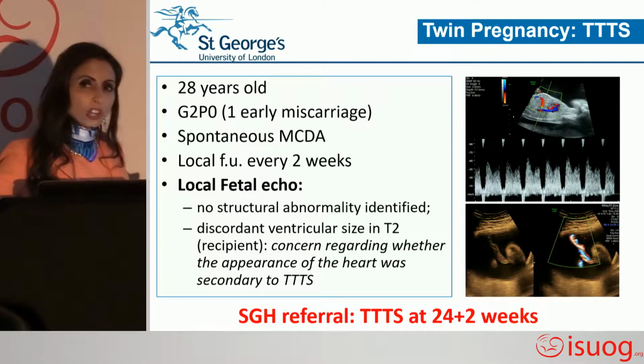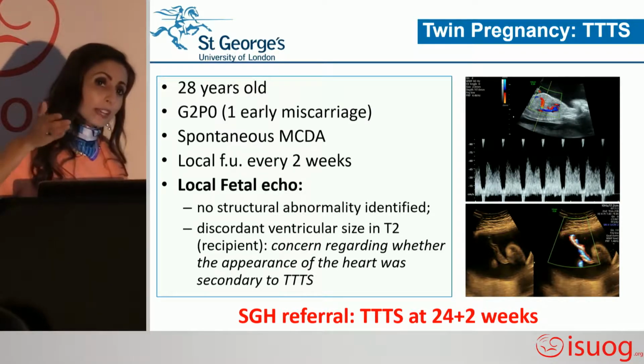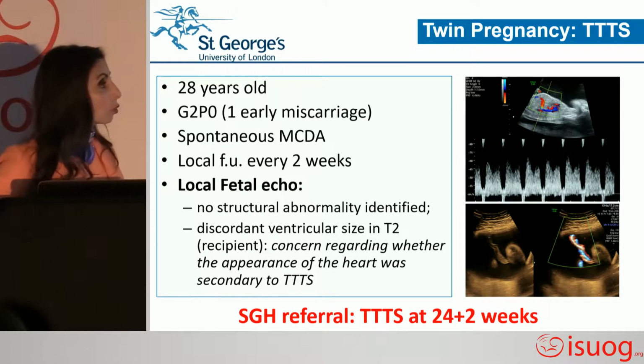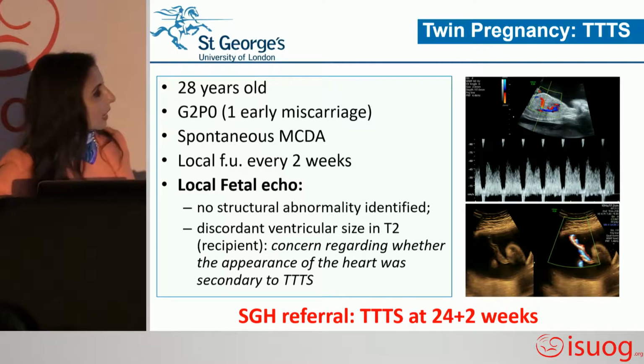In the echo, there was no structural abnormality, but they said, maybe the discordant ventricular size is related to TTTS because she started having amniotic fluid discordance. So on that day, or I think the day before, they actually found that there was a proper stage 3 TTTS. So this was a recipient with abnormal ductus venosus. You see the polyhydramnios there.